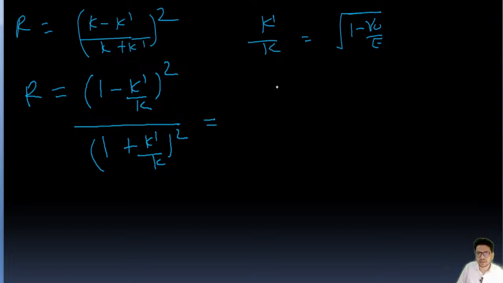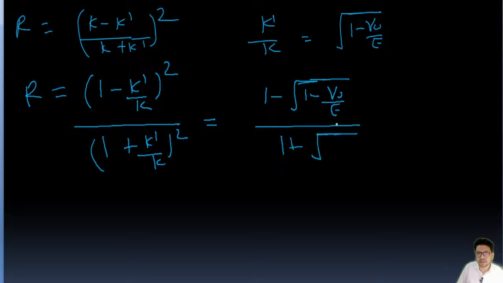If you put the value, this is going to be (1 minus root 1 minus V naught upon E) upon (1 plus root 1 minus V naught upon E) whole square.